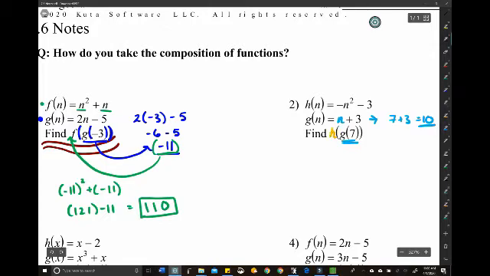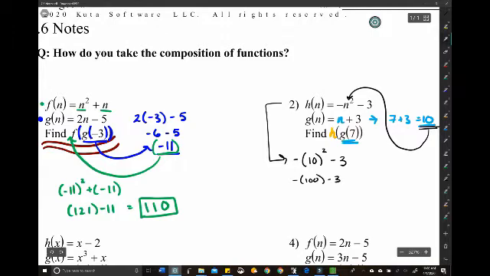Be careful, h is negative n squared, so negative 10 squared minus 3. Okay, again, it's this that we're putting in. Negative 10 squared is negative 100 minus 3, which is negative 103. Boom, boom, boom, boom.